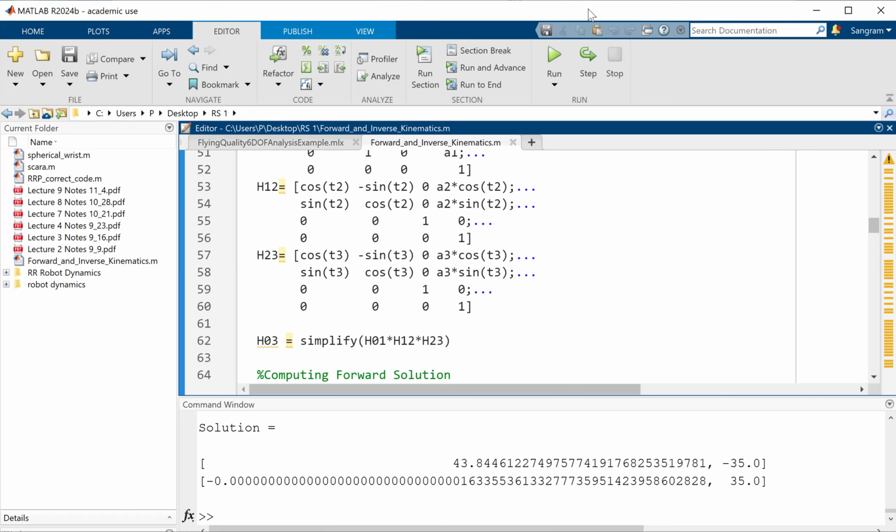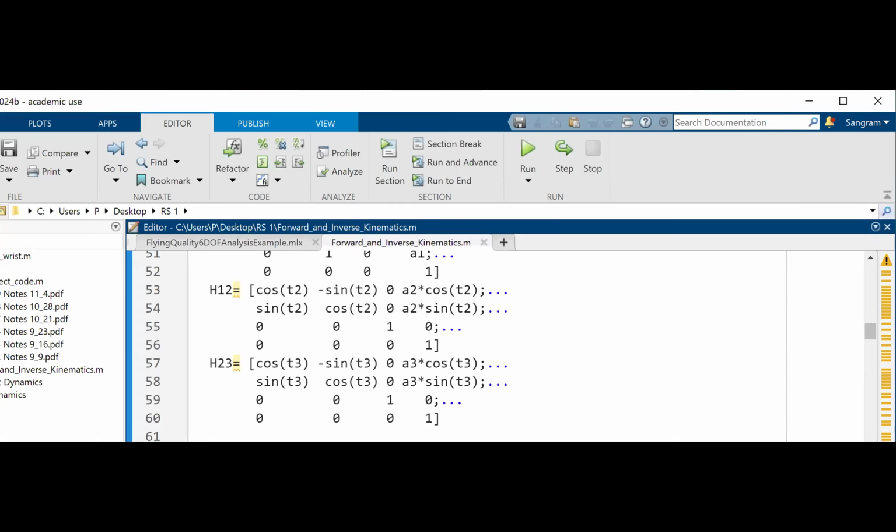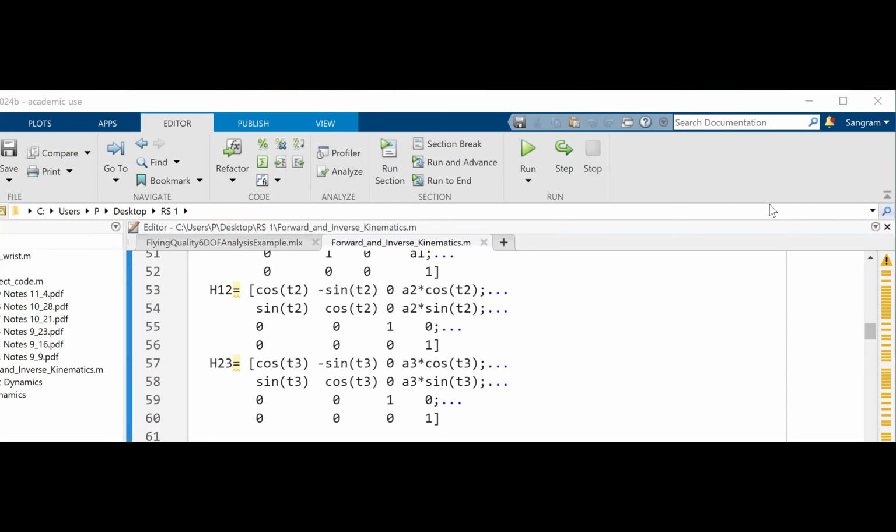So bear with me for a second. What I did... For some reason, it's not switching. Sharing screen.